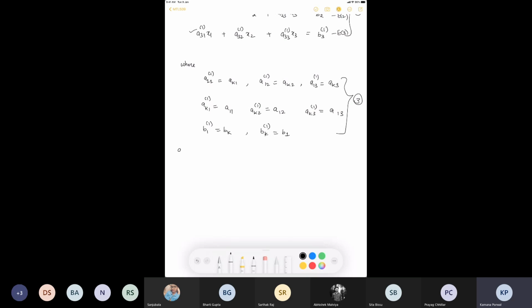So let me write this as well: the rest of the coefficients Aij^1 are the same as Aij for all equations other than the first and the kth equation.